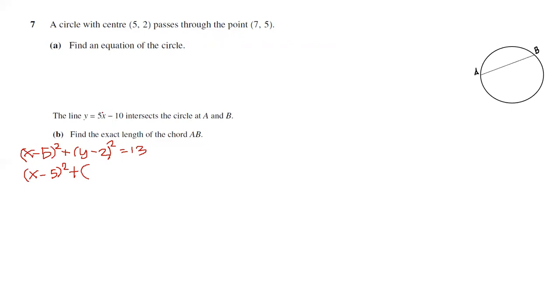We will substitute 5x minus 10 for y. So it means (5x minus 12) squared, because 10 plus 2.